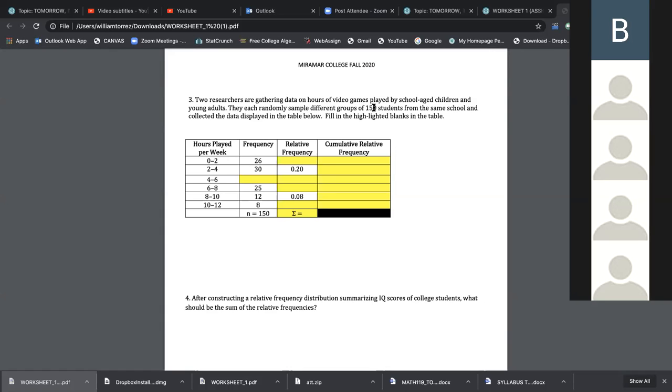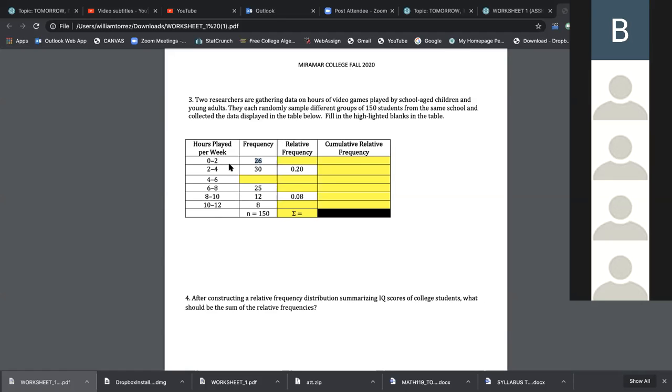And depending on what the value is, we will count up the number of values in a particular class. And here you see the frequency. So the frequency is the number of values in the sample of 150 students that viewed video games between 0 and 2 hours.